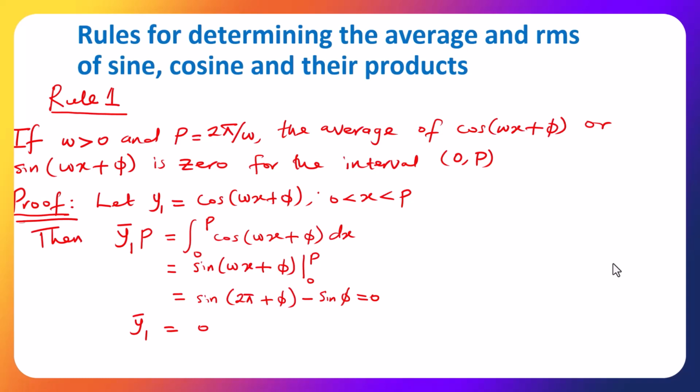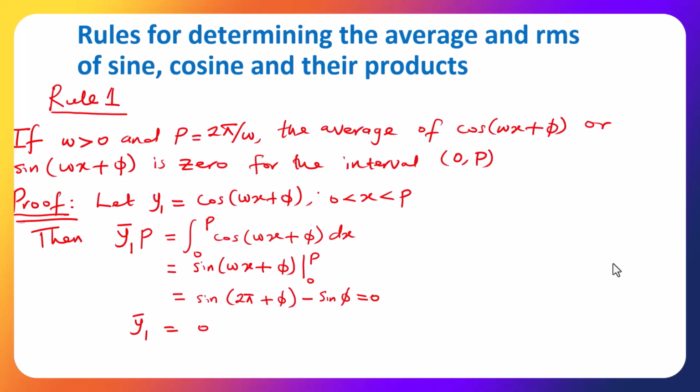So if we let y1 be equal to cos of omega x plus phi in the interval 0 less than x less than p, then we can write y1 bar times p equals the integral from 0 to p of cos of omega x plus phi dx.